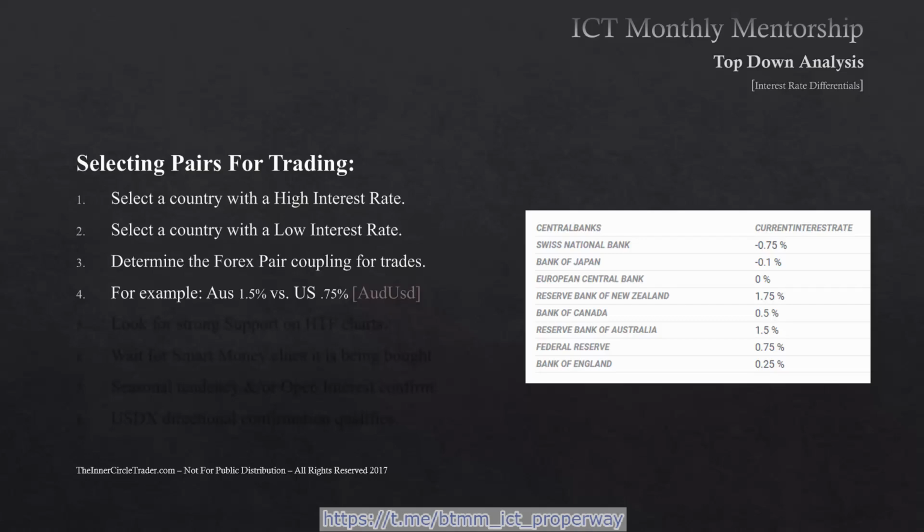Now, I'm going to have to remind you that this data is factored in with an interest rate hike of 25 basis points. So at the time of the trade we're going to actually review, the Federal Reserve central bank rate was at 0.50. But when we look at this, the way we couple that up for a Forex pair, obviously the Australian dollar pair is what we would be looking at.